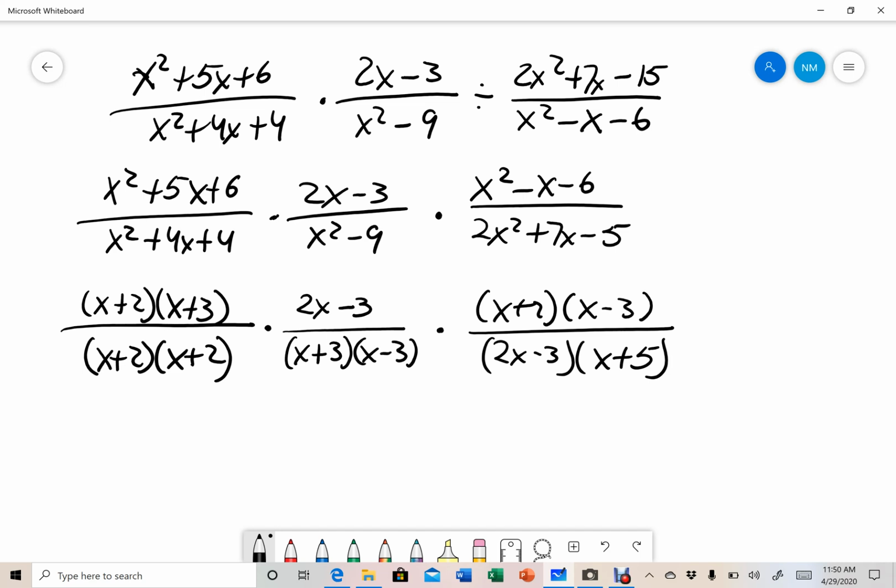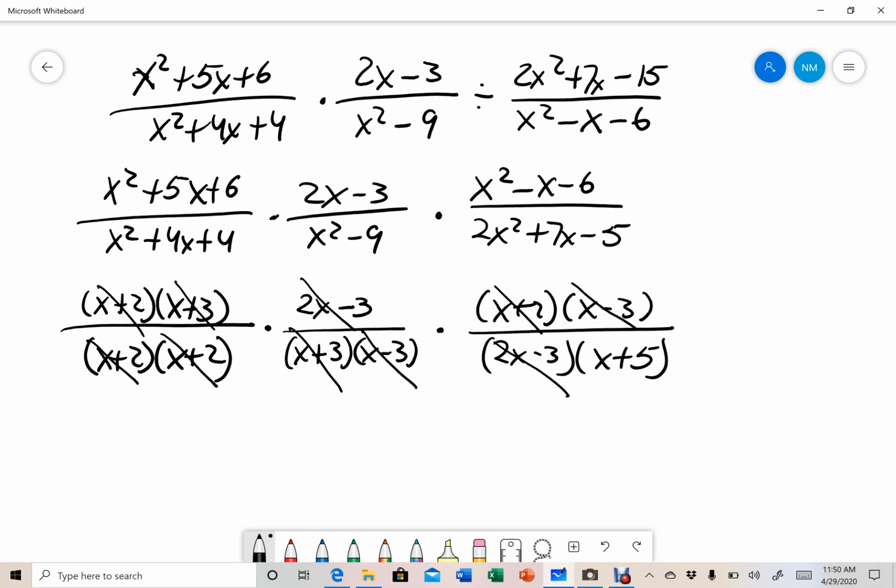Now we're going to go through and do our canceling. Okay, so we've got an x plus 2 and an x plus 2, x plus 3 and an x plus 3. I've got a 2x minus 3 and a 2x minus 3, an x minus 3 and an x minus 3.